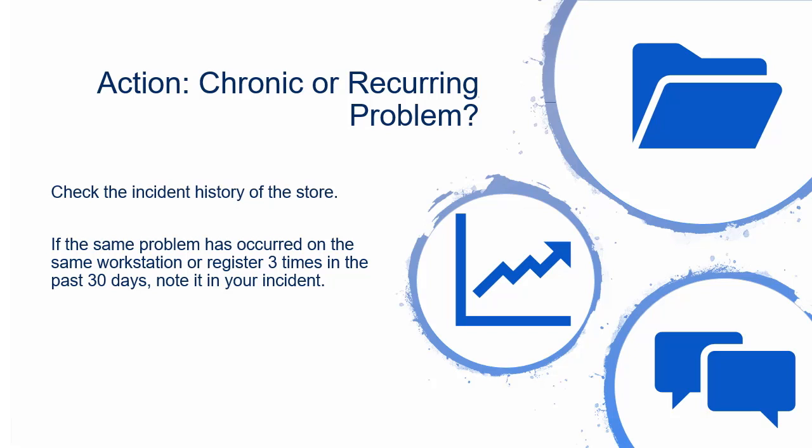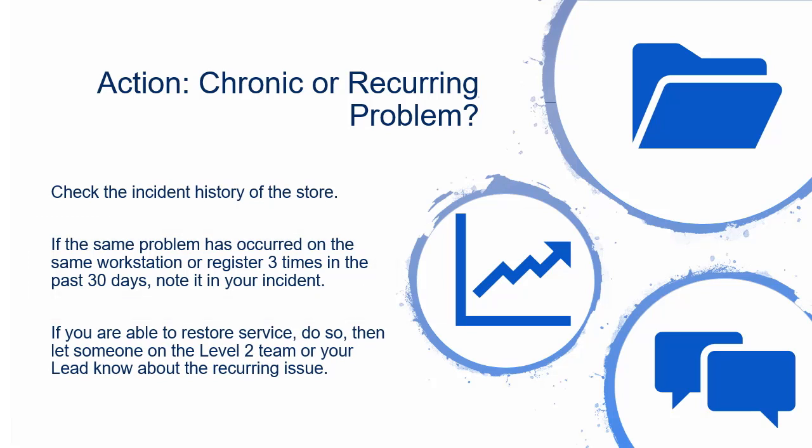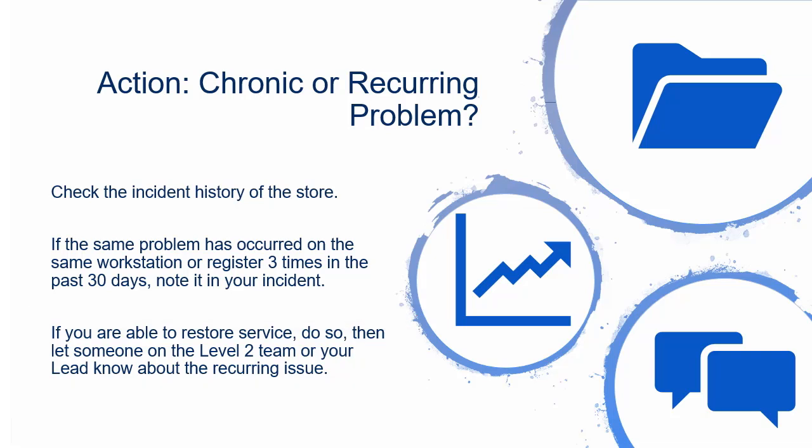So, a little rule of thumb: if it's happened 3 times in the past 30 days, definitely notate that in your incident. And even if you're able to get them back up and going, let someone know on the level 2 team or your lead, because a recurring issue like that probably warrants some further investigation most of the time.